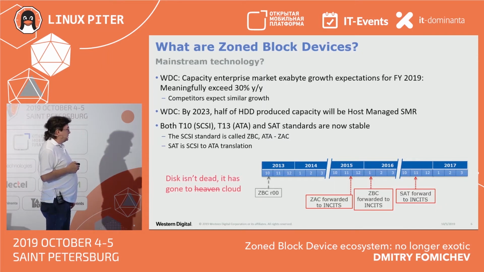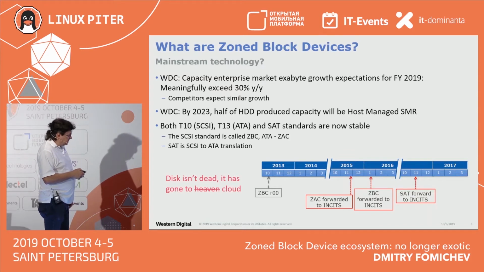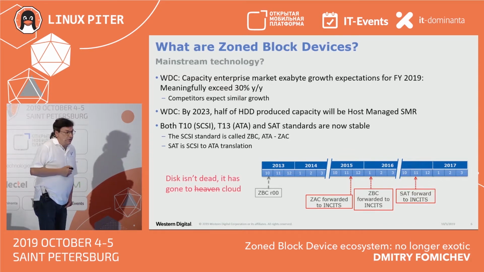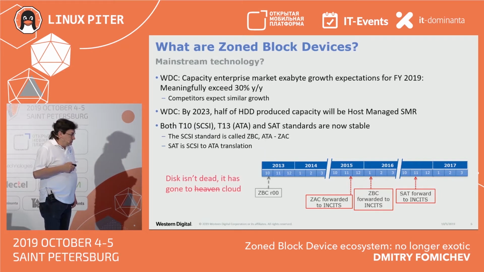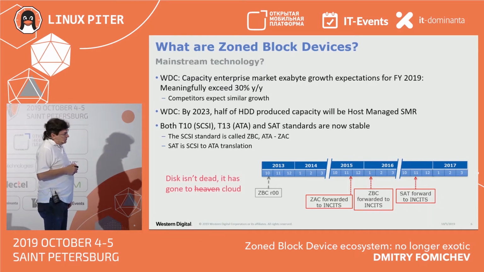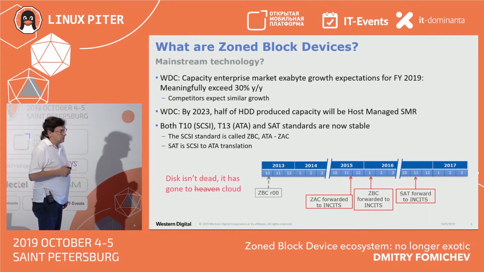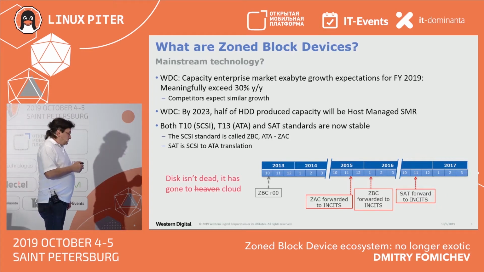So there's the T10 for SCSI and T13 for ATA, and there's also additional standard. There's a little timeline here. So these standards' initial iteration is already done, the work is in progress on the second generation of the standards, and some additional ones are considered actually too.